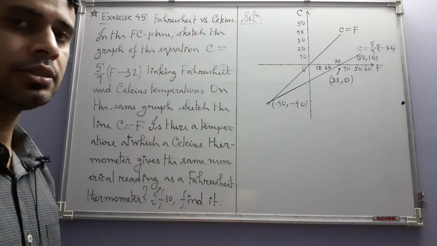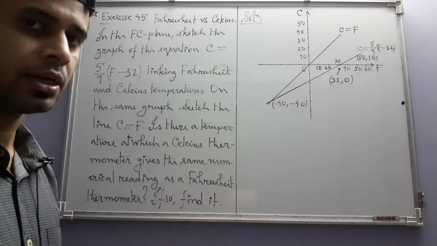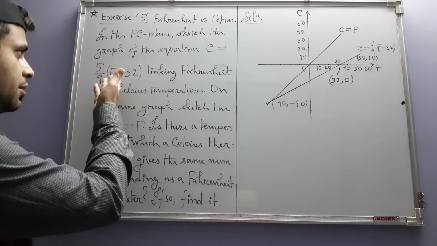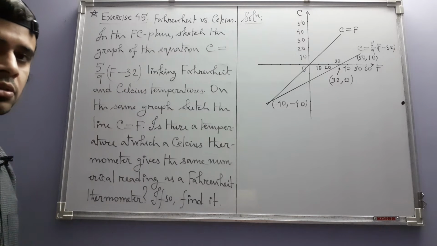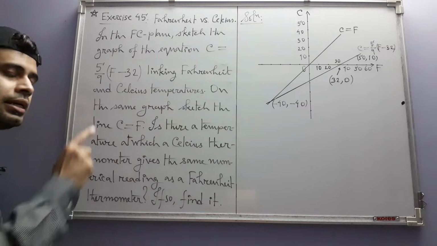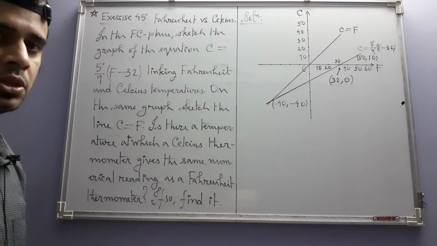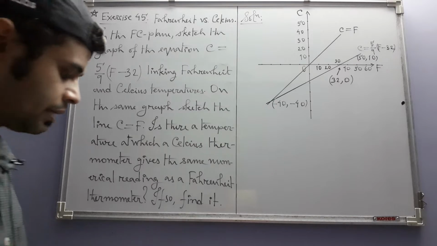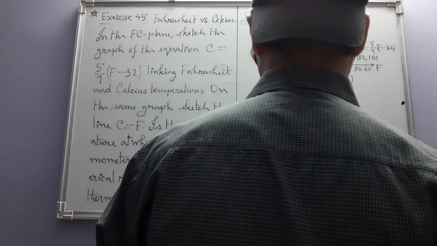Minus 40 degree Celsius is the same as minus 40 degree Fahrenheit, which you can verify by putting minus 40 here also in the equation. If you put F equal to minus 40, you will see that C also comes out to be minus 40.